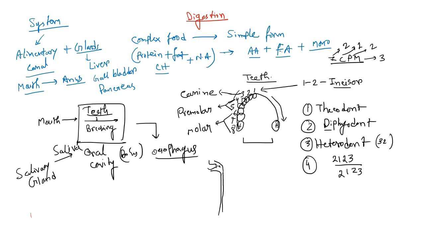So both are connected here. The epiglottis is a cartilaginous structure that prevents the food from entering the glottis, because if the food enters there, it will cause problems, as our respiratory system is designed to deal not with solids but with air and gaseous matter.